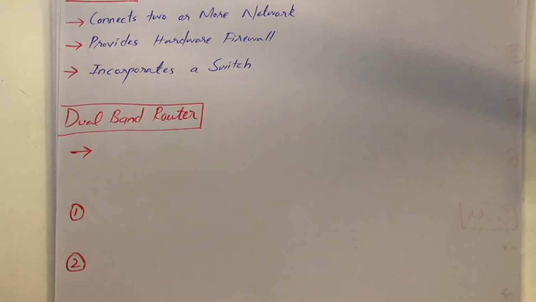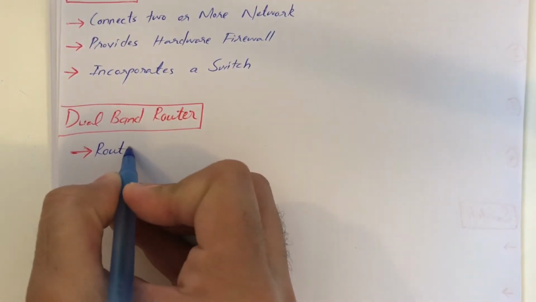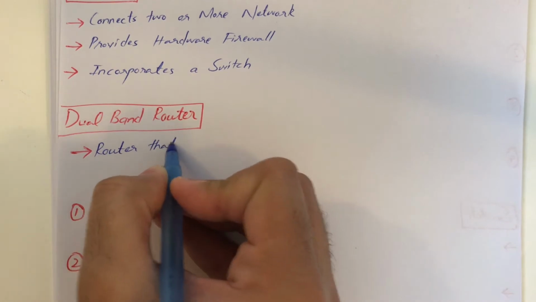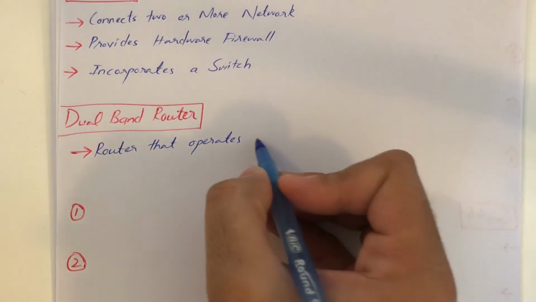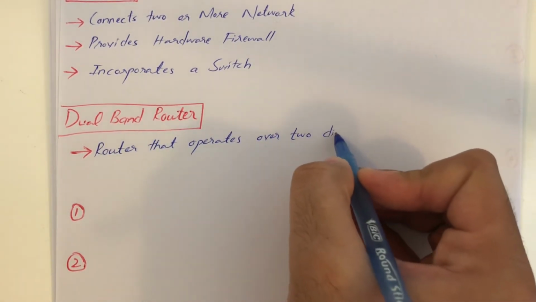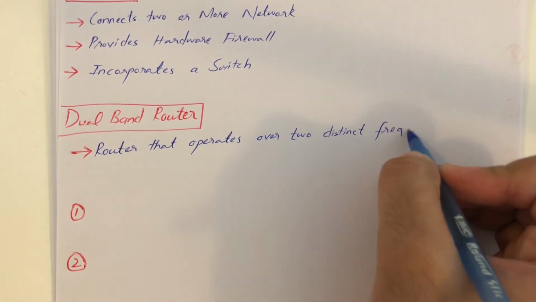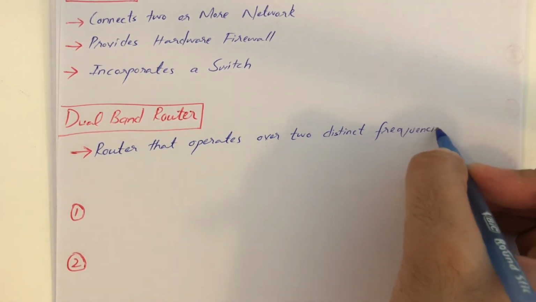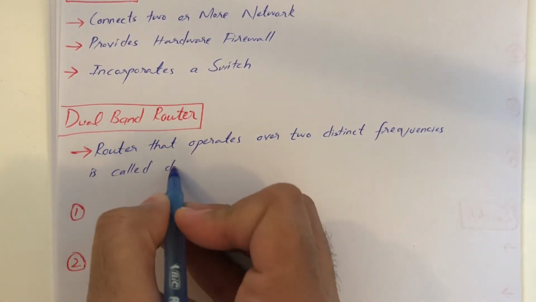Nowadays we use a specific kind of router which is known as dual band router. As the name suggests, a router that operates over two distinct frequencies is called a dual band router.